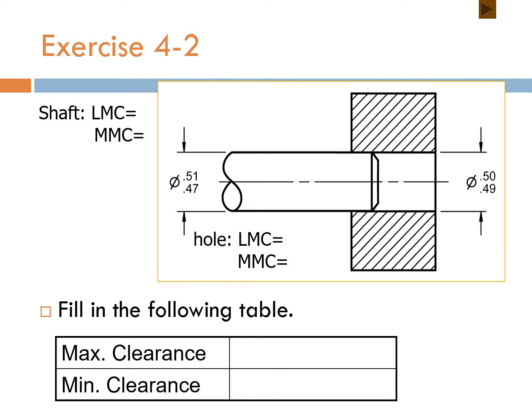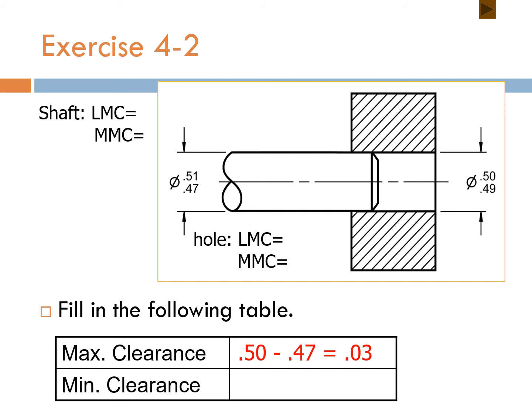You should be able to identify that for the shaft, LMC is the least amount of material, which should be the smaller diameter, 0.47. And for the hole, it's going to be 0.50. So you subtract these two values, and you will get the maximum clearance for the condition.